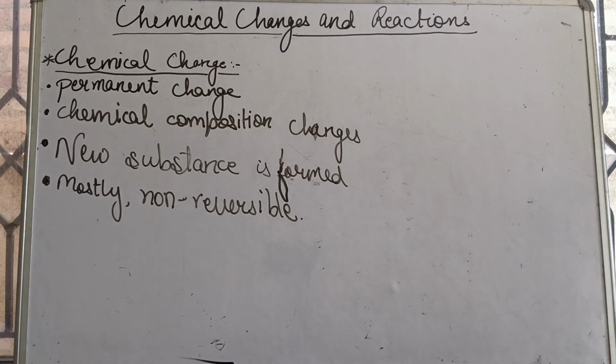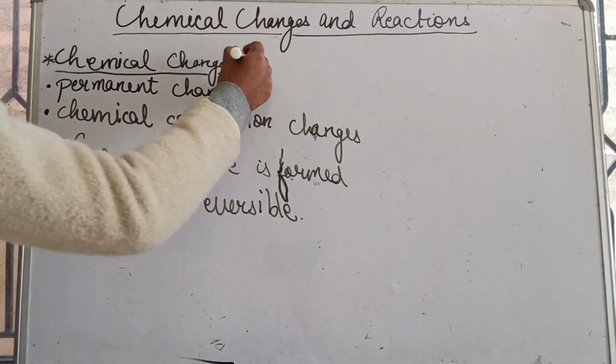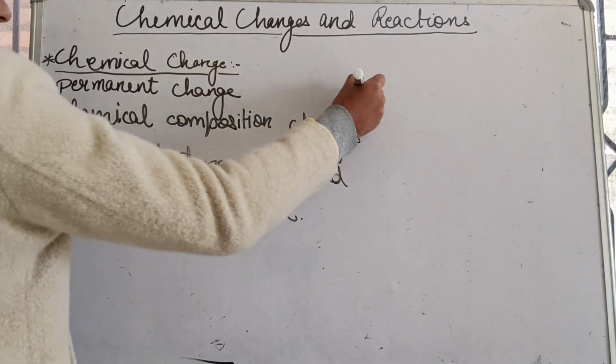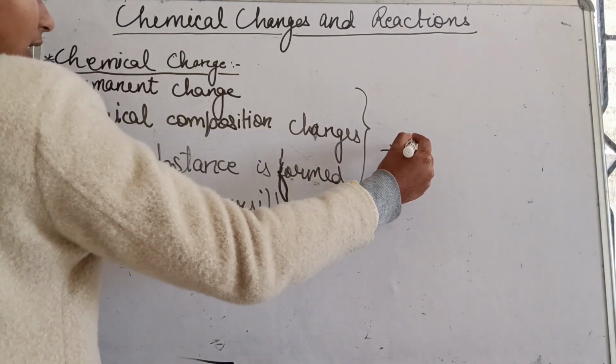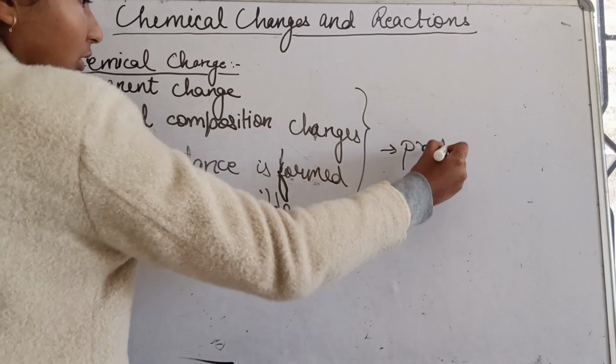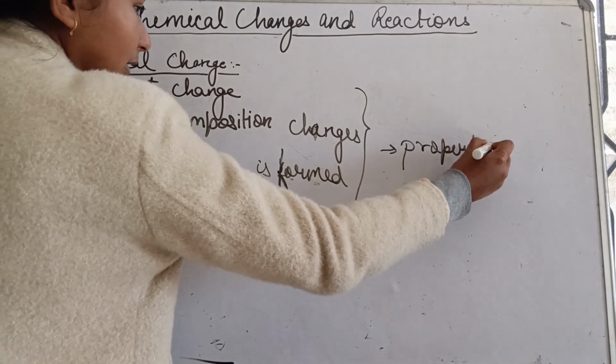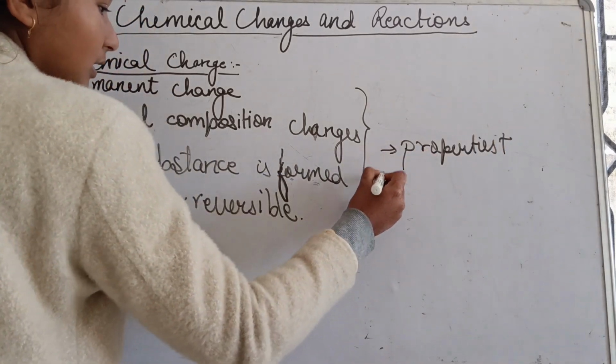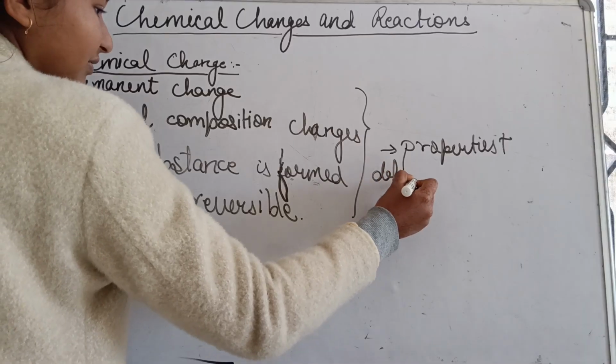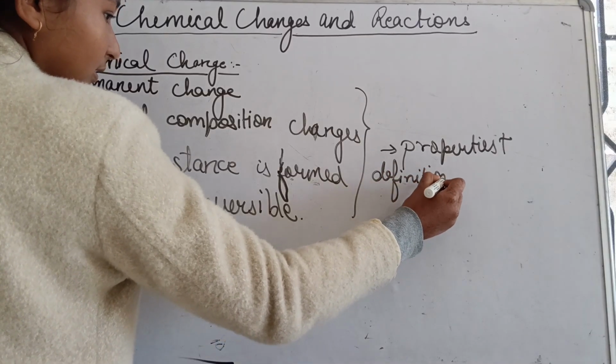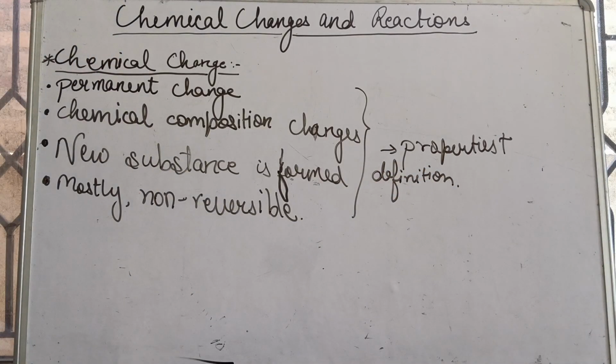If we go into the characteristics of this chemical change, there might be many things similar to this. What is a chemical change? So let us name this: properties plus definition, both.